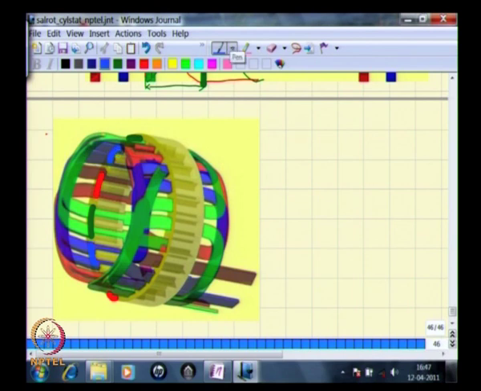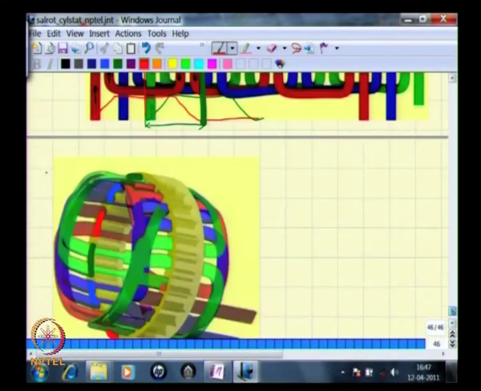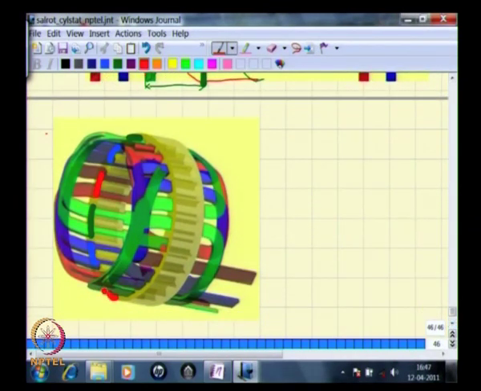Now, if we look at the axis of the R phase winding, that would come, as we have seen in this case, right in the middle of the last coil side of the R phase, and here the first coil side of the R phase as we progress from left to right. So, that means in this diagram you have seen an R phase here which enters here, and you have the other set of R phase coil sides.